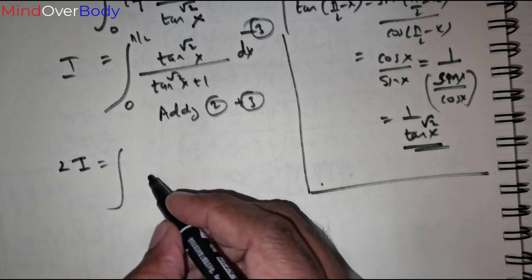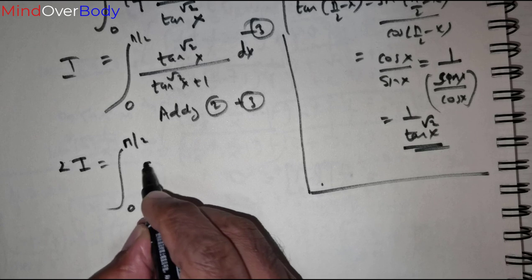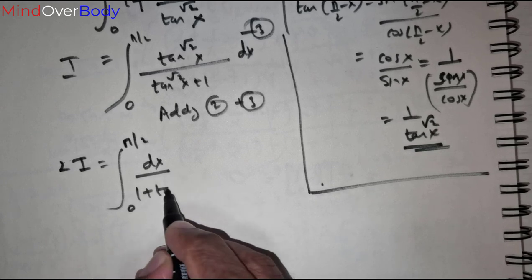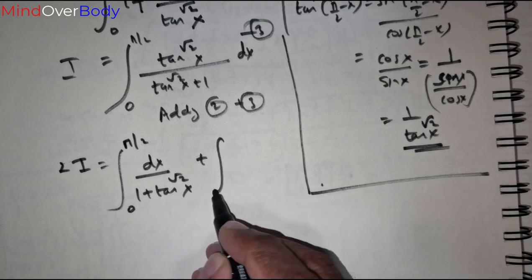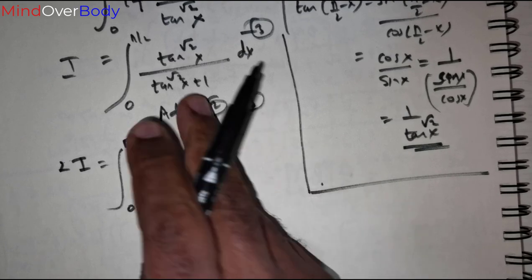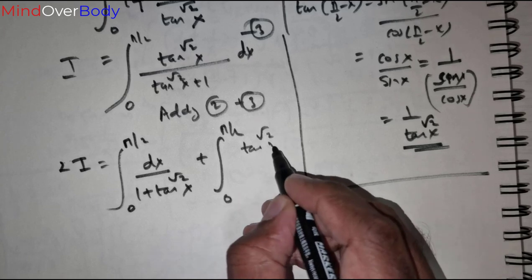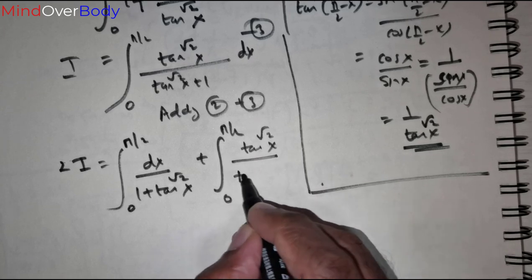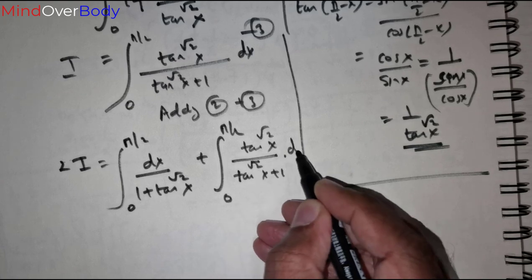On the right hand side it's going to be the integral from 0 to pi over 2 of dx over 1 plus tan raised to the power of root 2x, plus the integral from 0 to pi over 2 of tan raised to the power of root 2x divided by tan raised to the power of root 2x plus 1 times dx.